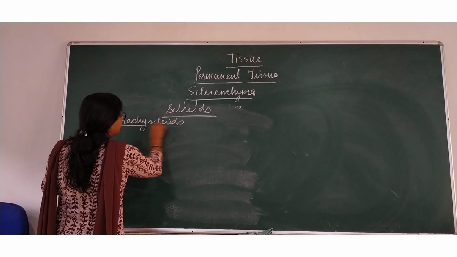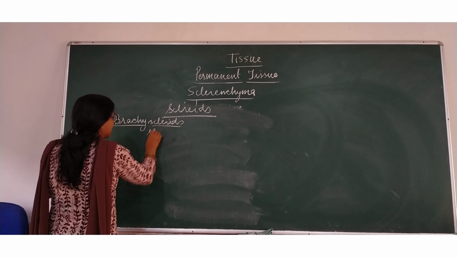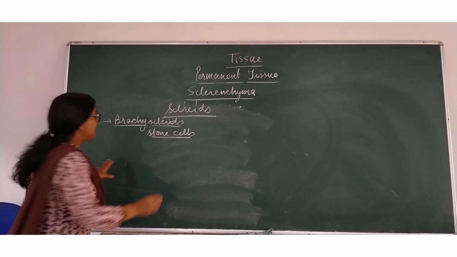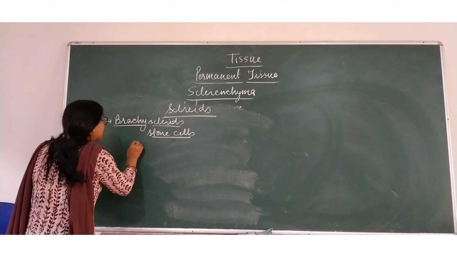It is also known as stone cells because of their structure. Their shape is irregular. Once again you can see the deposition of lignin in their cell wall and the lumen inside. The lumen is the dead part, and the wall is lignified.